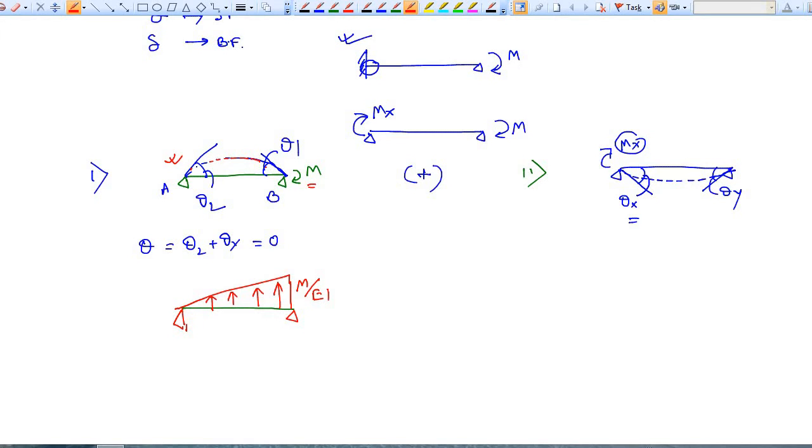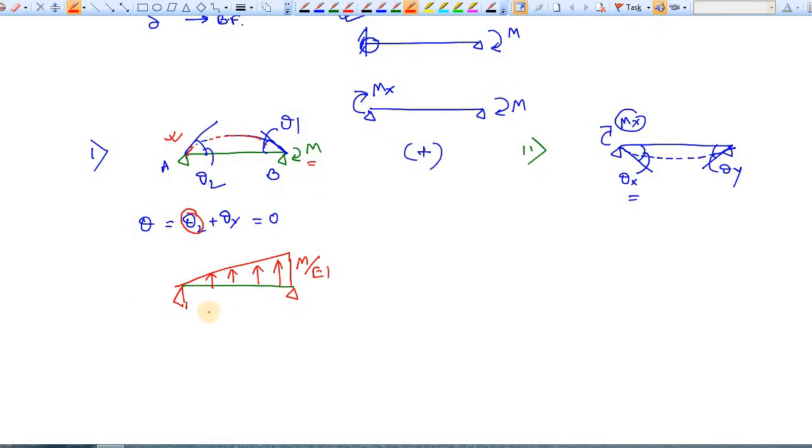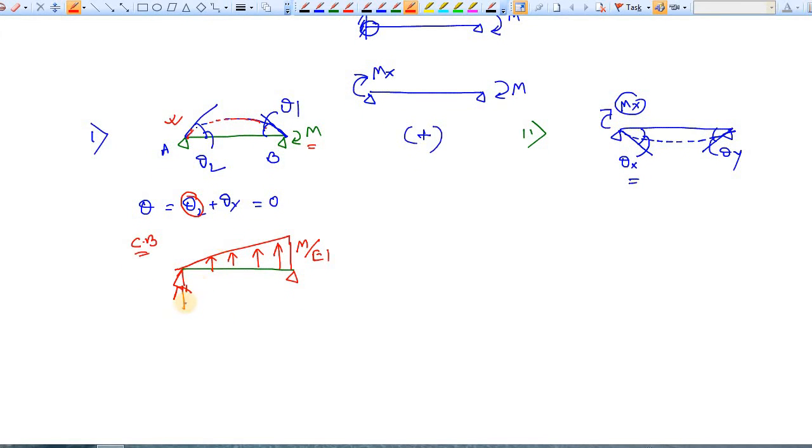We are going to apply the conjugate beam method. To find theta 2, the slope at A, we have to find the shear force at the support of this conjugate beam. So what is the reaction here?